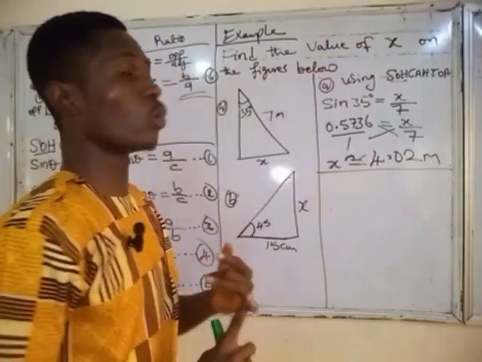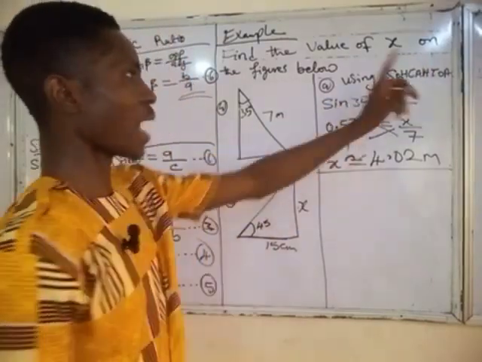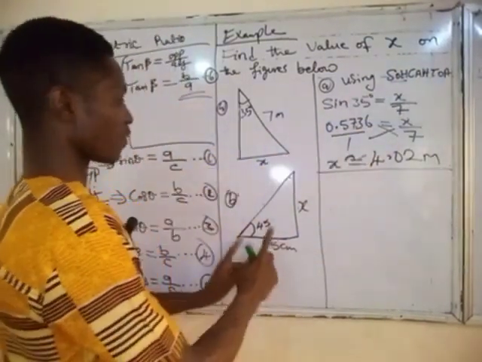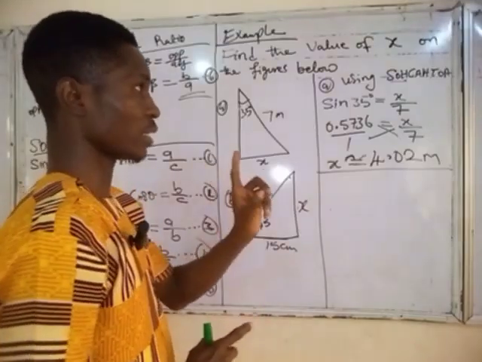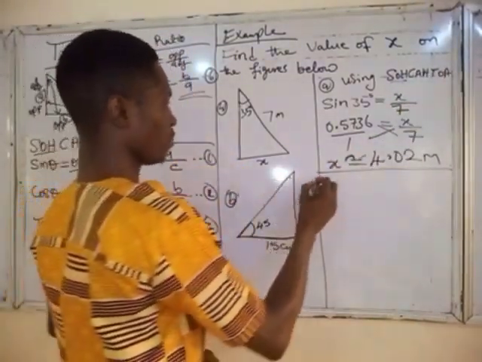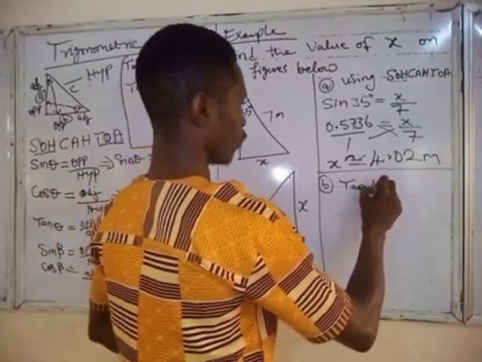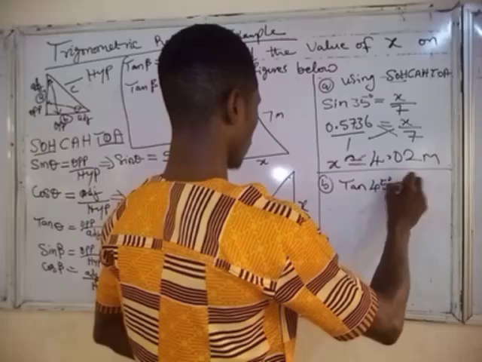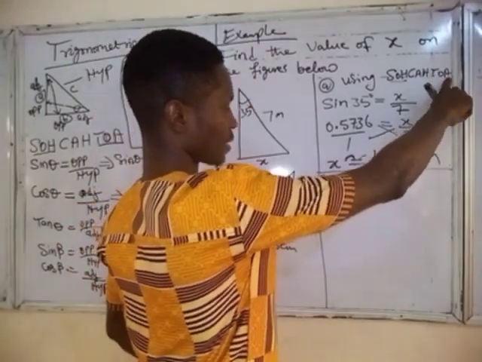Hypotenuse is not given, so we will not profit from using SOH. Then CAH is adjacent over hypotenuse. We have adjacent, but there's no hypotenuse, so we are not going to profit from using that. So we move straight to tan. So to solving B, we have tan 45 degrees equals opposite over adjacent.